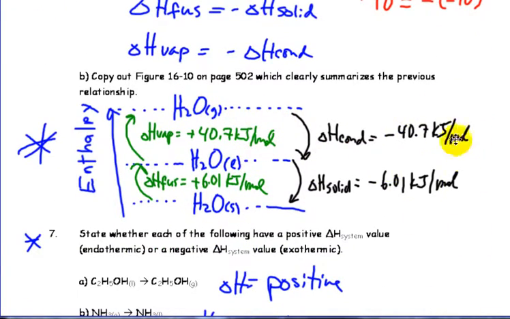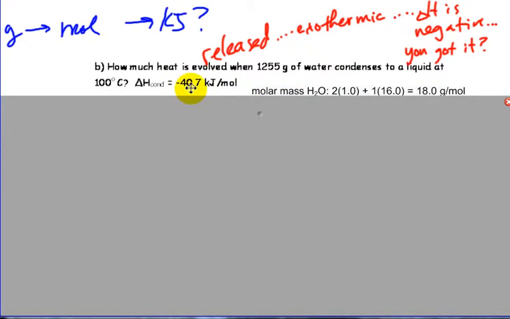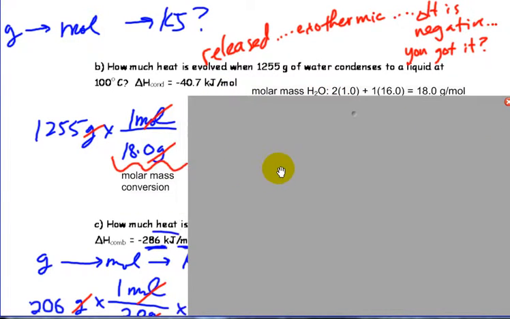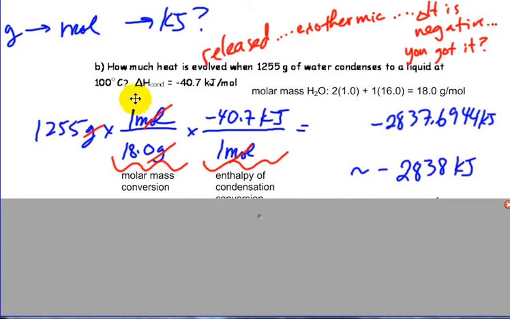Water's value, negative 40.7 kilojoules per mole. It is water we're working with here, so we use that number, negative 40.7 kilojoules per mole. So we're going from grams to moles to kilojoules again. So again, find the molar mass of water, 18 grams per mole. We have to convert it into moles first of all.